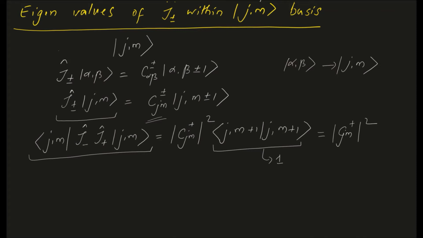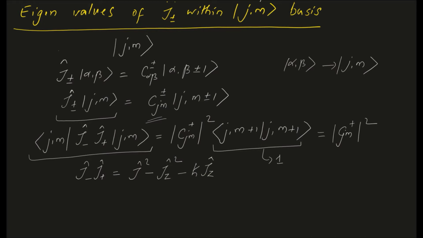In the previous class we have seen an expression for the product of J minus and J plus. It was J minus J plus equal to J square minus Jz square minus h cross Jz.